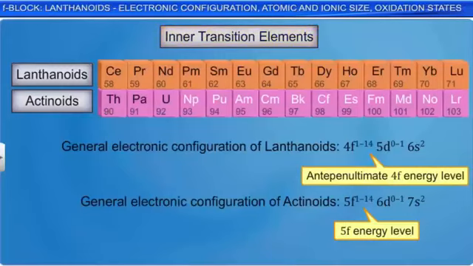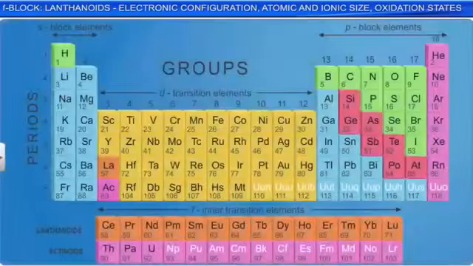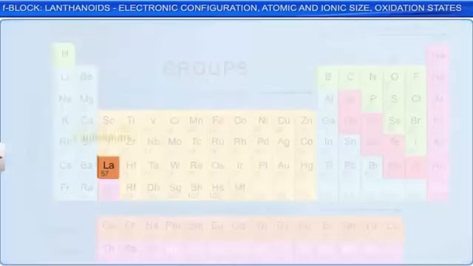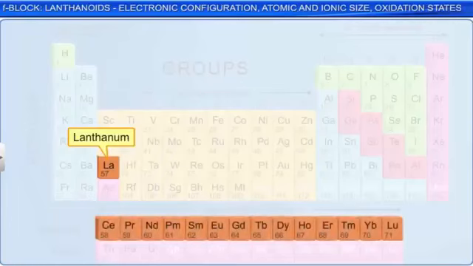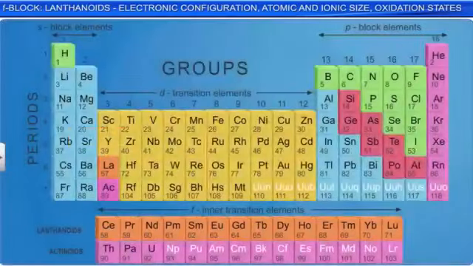Since the d block element lanthanum closely resembles the lanthanoids, it is usually included in any discussion of lanthanoids. Similar is the inclusion of the d block element actinium in the study of actinoids.